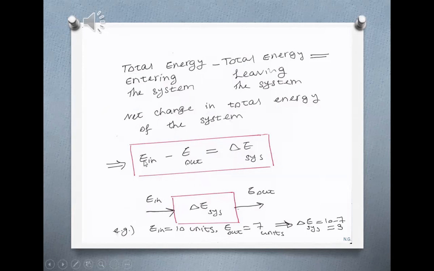So how do you read this? You say capital E for total energy transfer into the system minus total energy transfer out of the system. The difference is a change of energy of the system. For example, if 10 units of energy transfer into the system and 7 units of energy transfer out of the system, 10 minus 7, which is 3, that is a change of energy of the system.